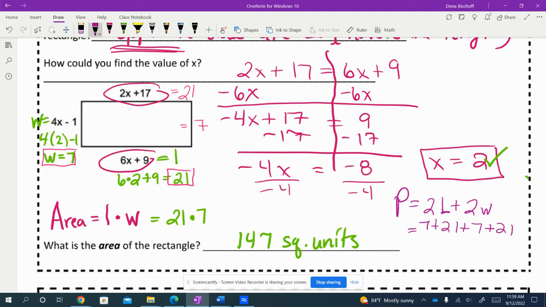Any of those are going to give you the right answer. So the perimeter is 56 units. I'm going to put a star by this, and I'm just going to write good question, because this is the type of question that I would put on a quiz for sure. Okay.